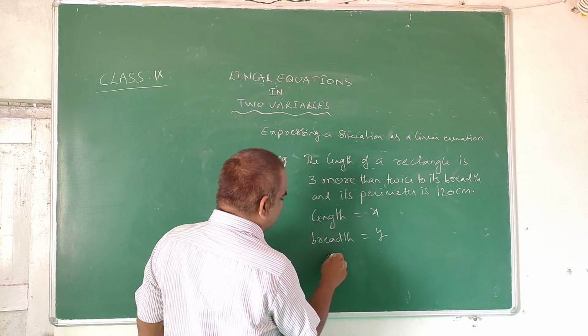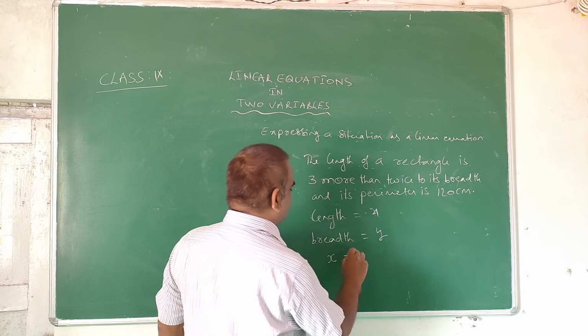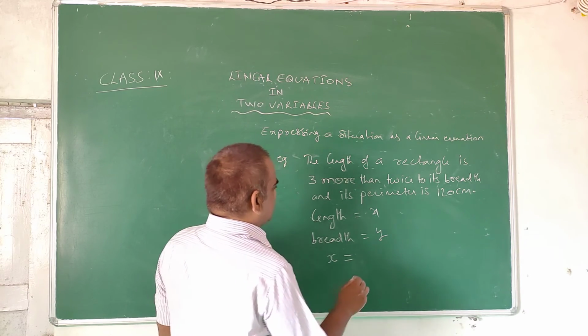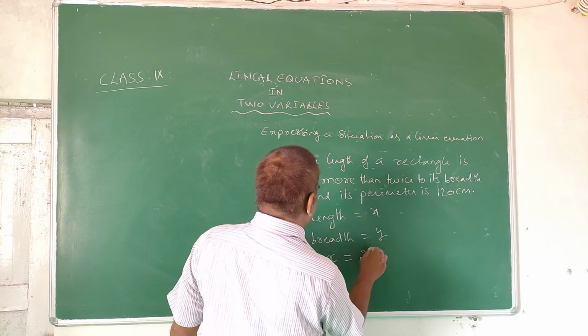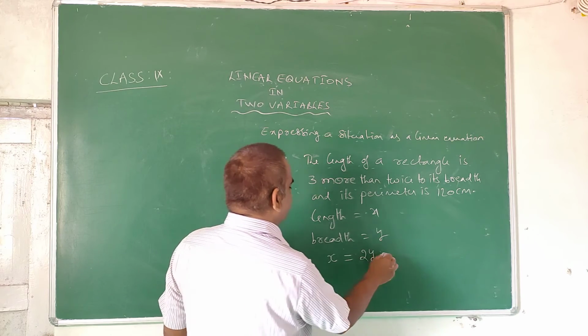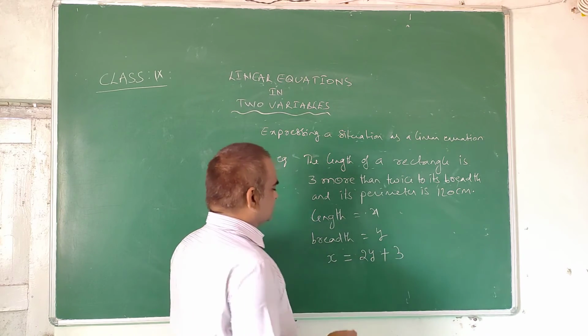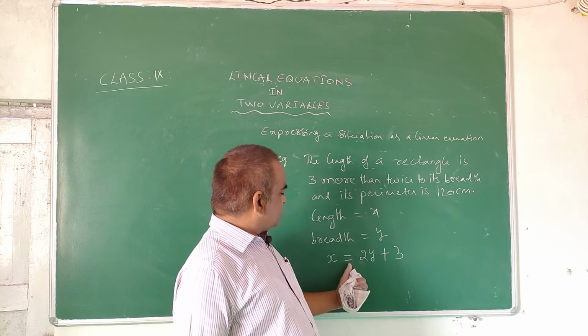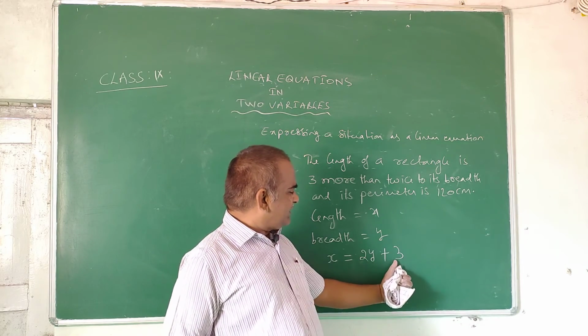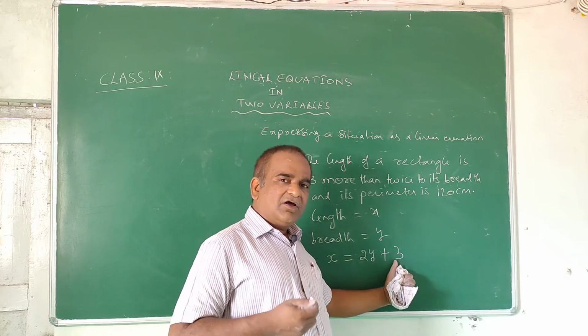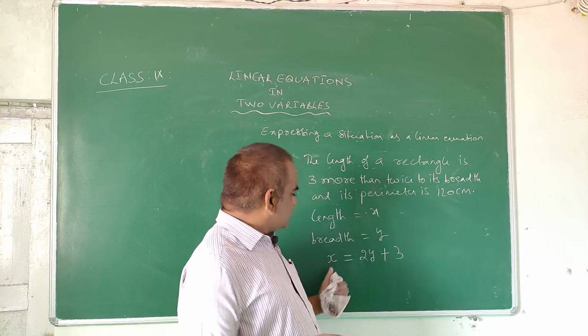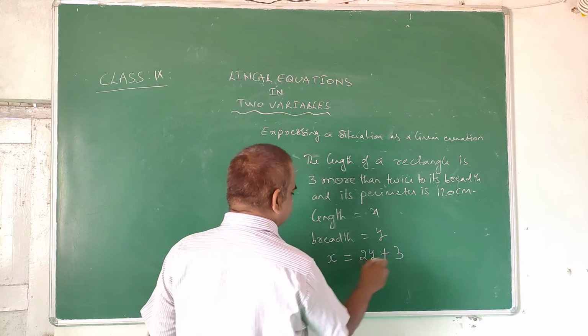Length means x is equal to twice the breadth, which is 2y. 3 more than twice its breadth. So x is equal to 2y + 3. Are you following? So this is the linear equation you got.